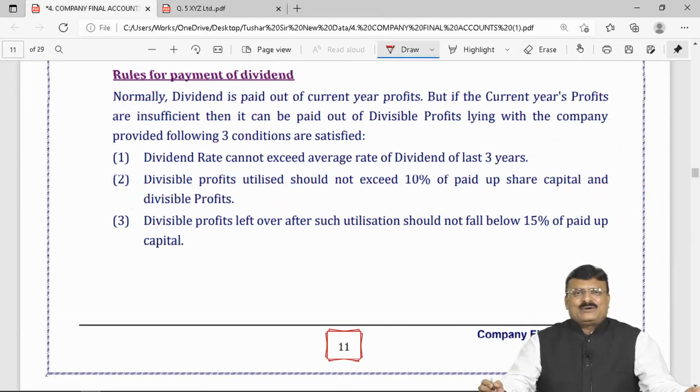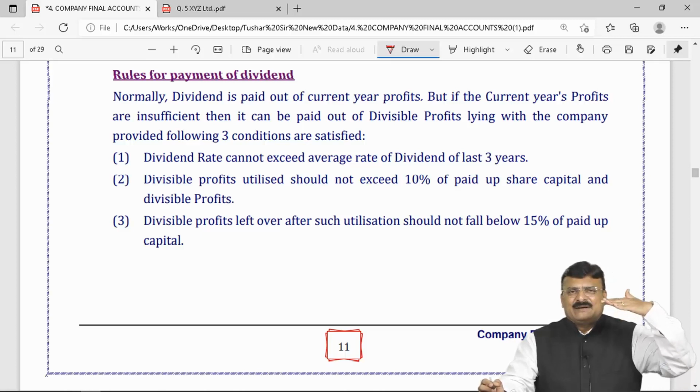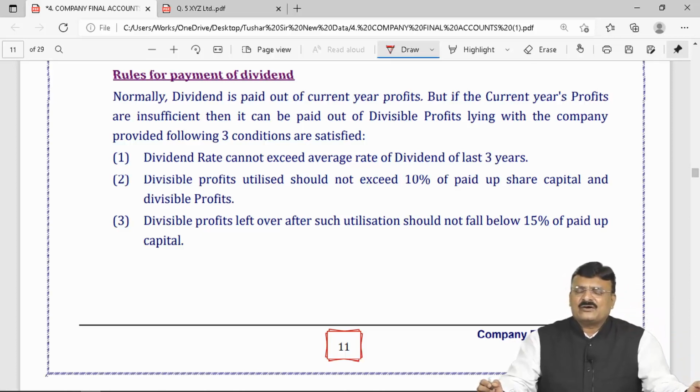We take one more variety of company accounts, that is rules for payment of dividend. Now, when a company wants to pay dividend and the company does not have sufficient profits, then the company may plan to use its accumulated profits, which we call reserves and surplus. There is a limit up to which you can use accumulated past reserves and surplus for payment of dividend.